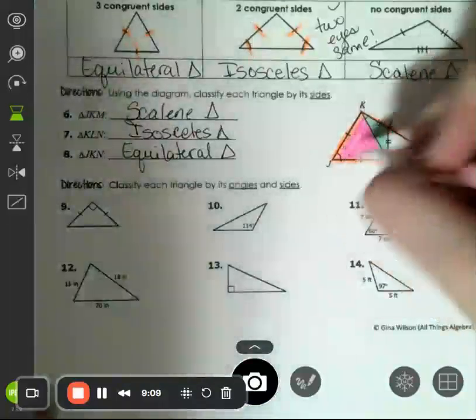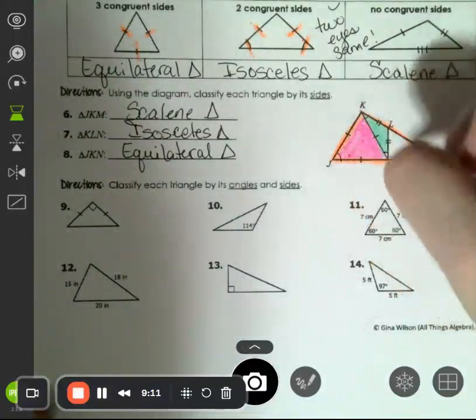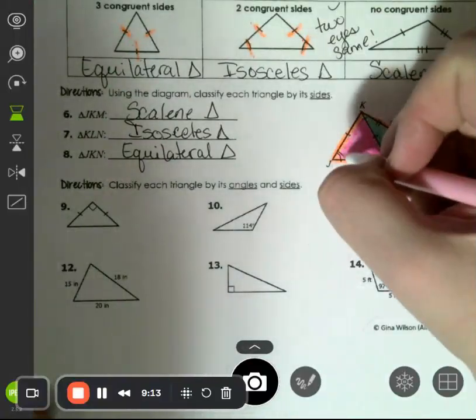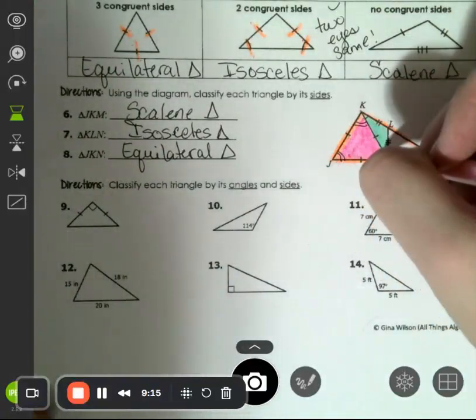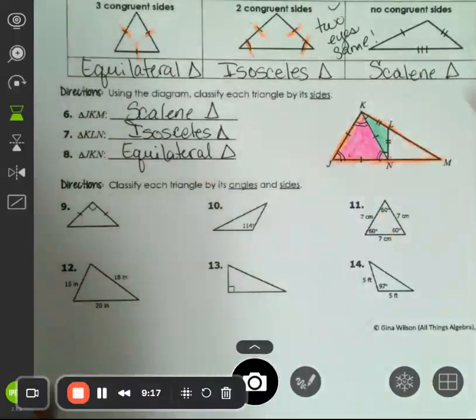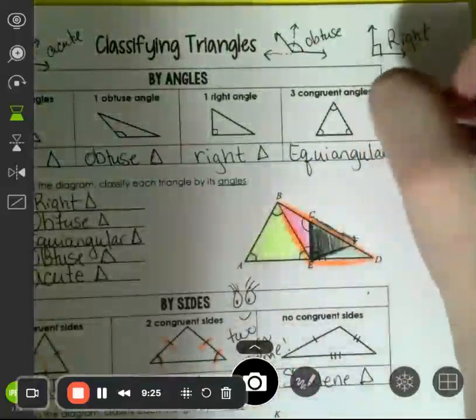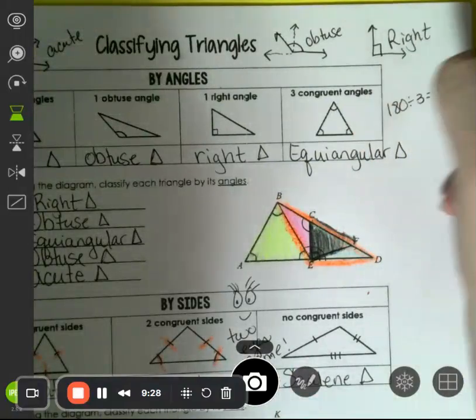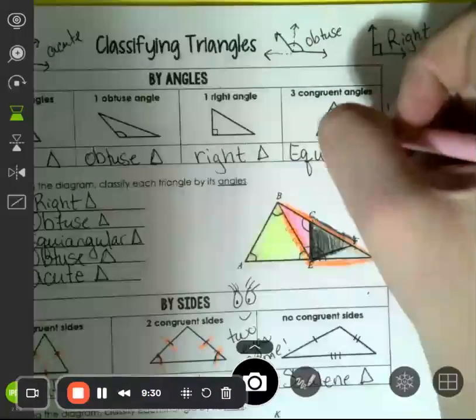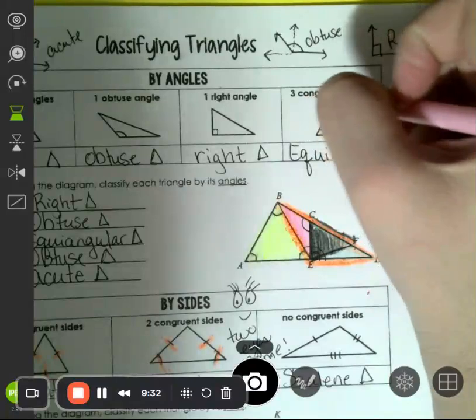Fun fact, since I have these congruency marks, that also means these three angles are all congruent. And since we know that a triangle adds up to 180, and when I divide that by 3, each angle is actually 60 degrees.